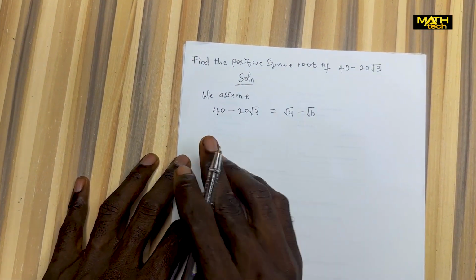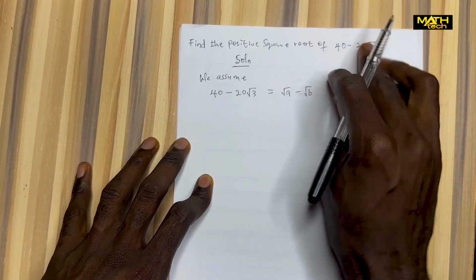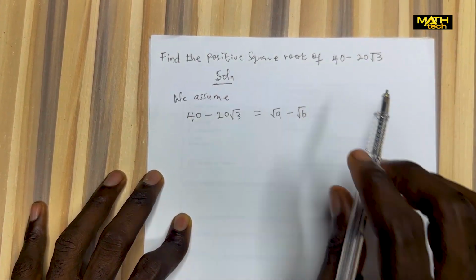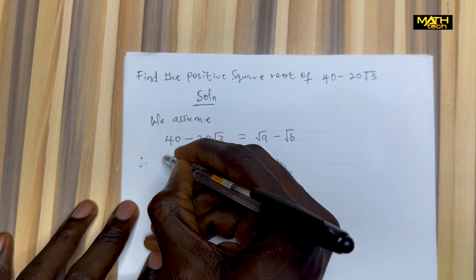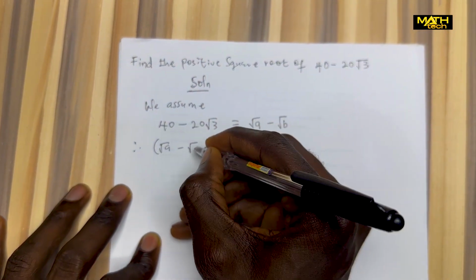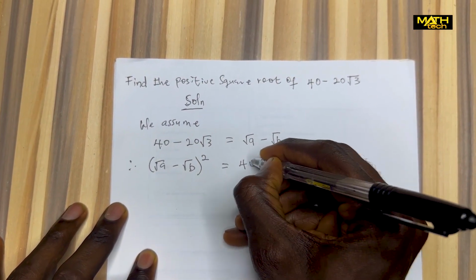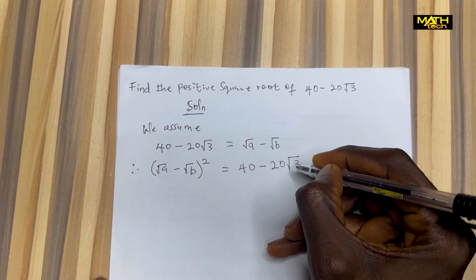But don't forget, I said that the value that when you square it gives you 40 minus 20 root 3 is the positive square root of 40 minus 20 root 3. So therefore, we can say that square root of a minus square root of b all square is equal to 40 minus 20 root 3.